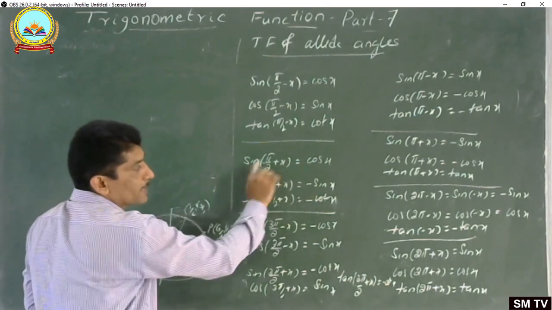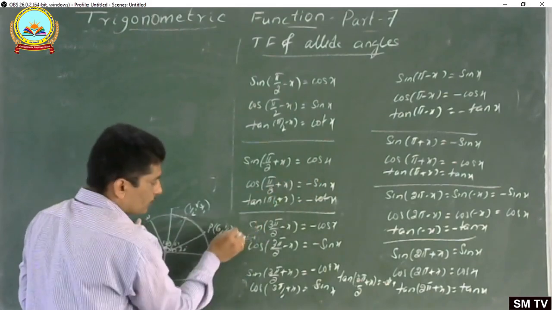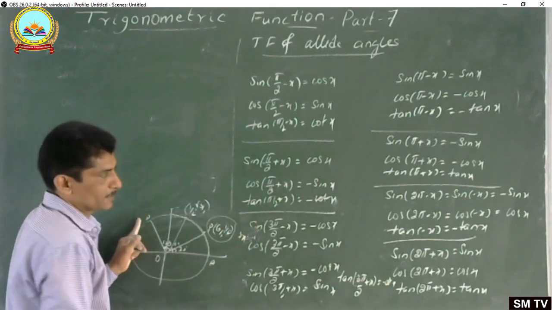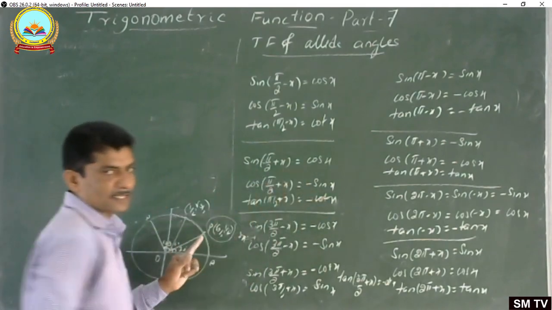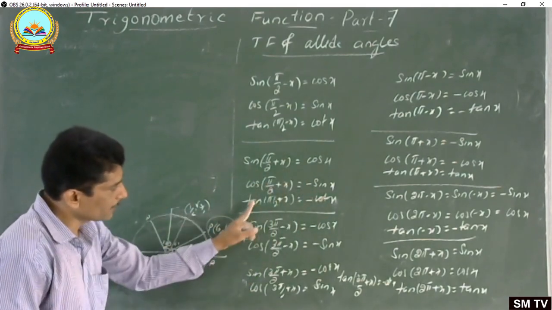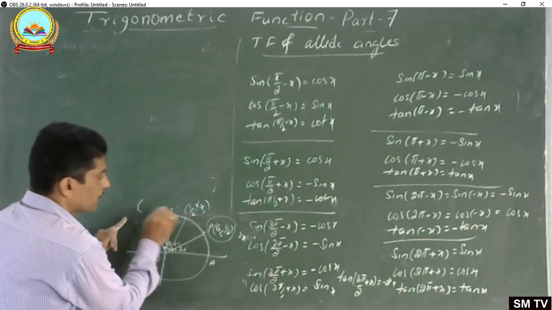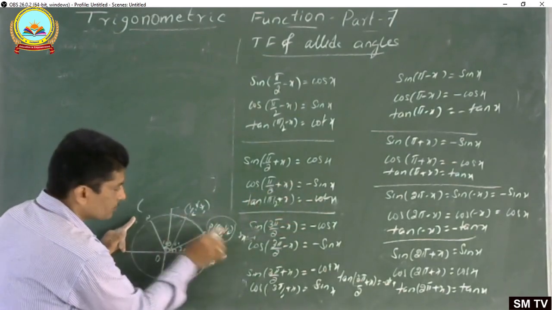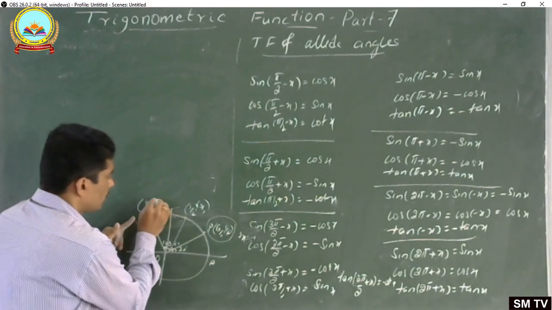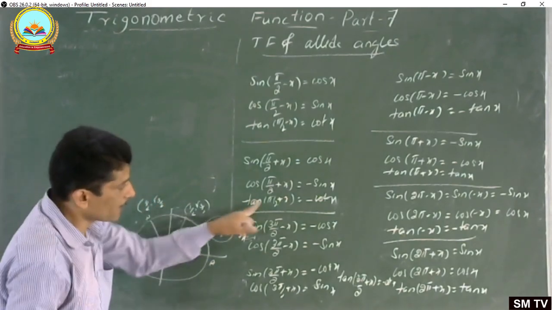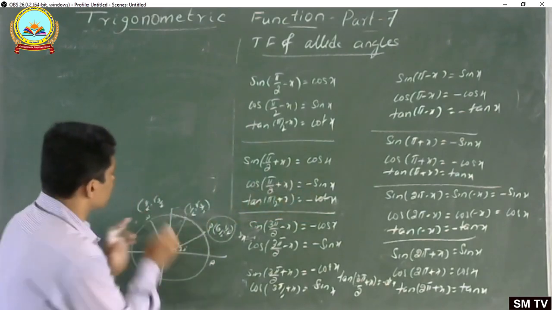Sine becomes cos. With the help of this basic result, cos is minus sine. Cos and sine interchange. What happens to the coordinates when sine changes? You interchange them: 1 by 2 comma root 3 by 2. What is the x coordinate? Cos becomes minus here.